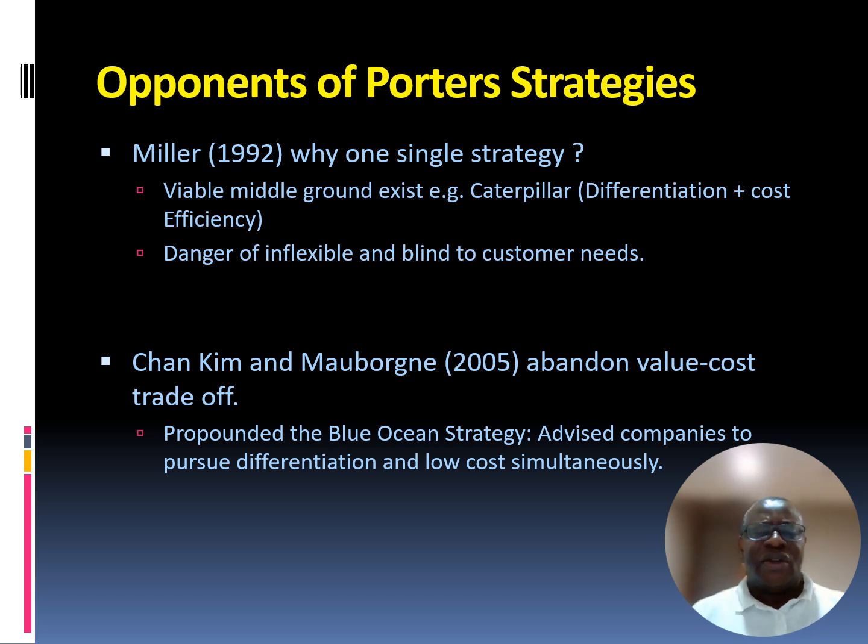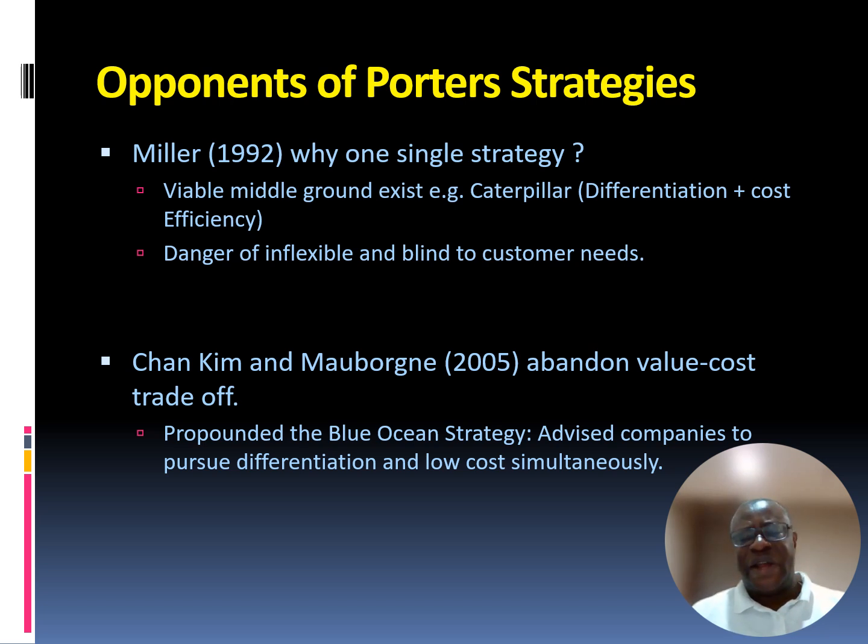Miller in 1992 asked the question, why one single strategy? Why do we have to do one single strategy? So a viable middle ground exists. For example, Caterpillar uses differentiation, but also wants to be cost efficient. The danger in this case is that they are inflexible and blind to customers' needs.